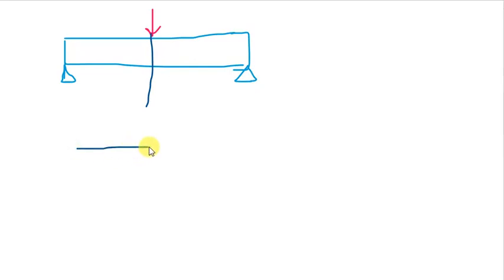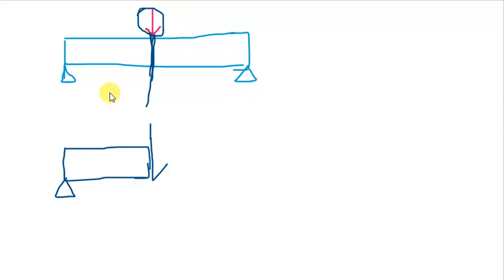We have a section at this point, and it is supported here. So we have shear force in this direction, the downward direction. This external load is trying to cut this beam at this point, right?